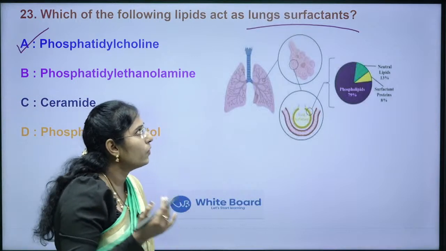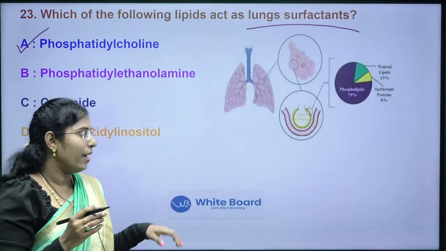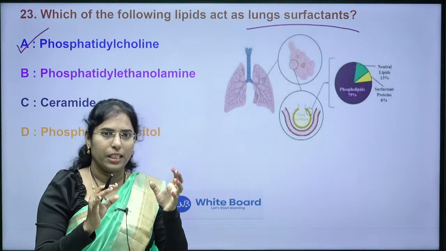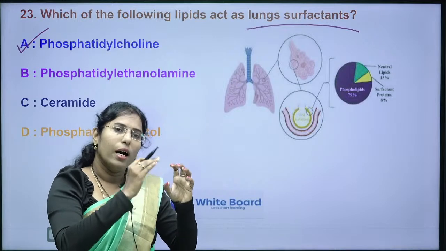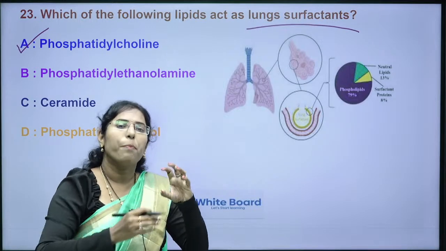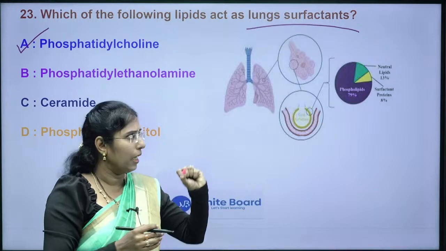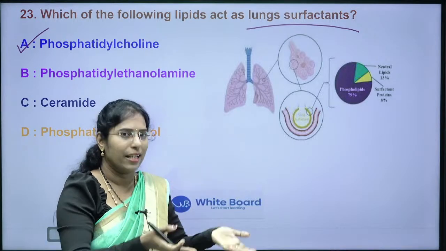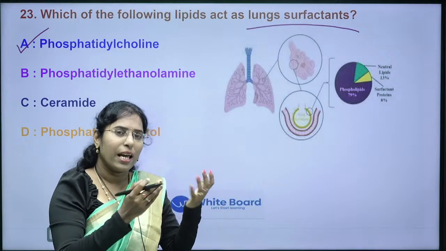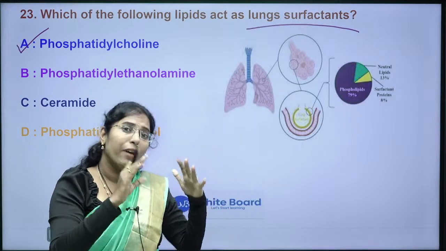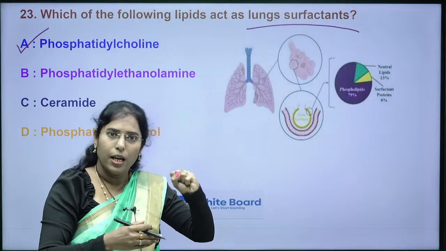What is the use of lung surfactants? Generally, surfactants coat the alveoli, and after coating, they prevent the collapsing of the alveoli during exhalation. We inhale and exhale, right? Whenever we inhale, the alveoli bulge, and whenever we exhale, they start collapsing again.